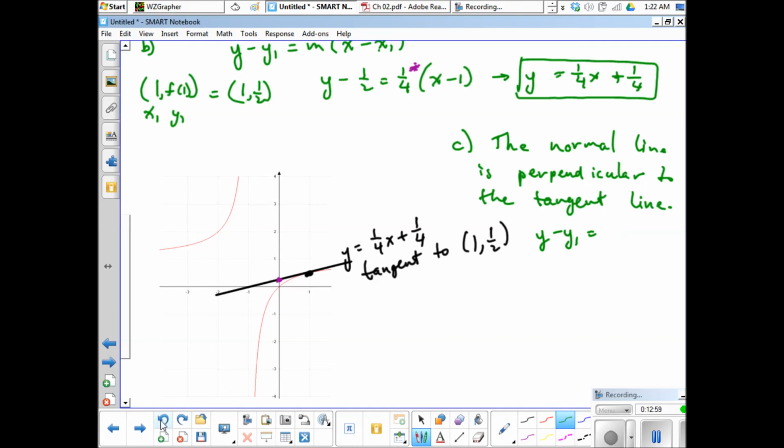So for us that would be negative 4 over 1 times x minus x1. And I got the negative 4 over 1 because it was the opposite of the 1/4 slope. Should have a negative 4 slope.